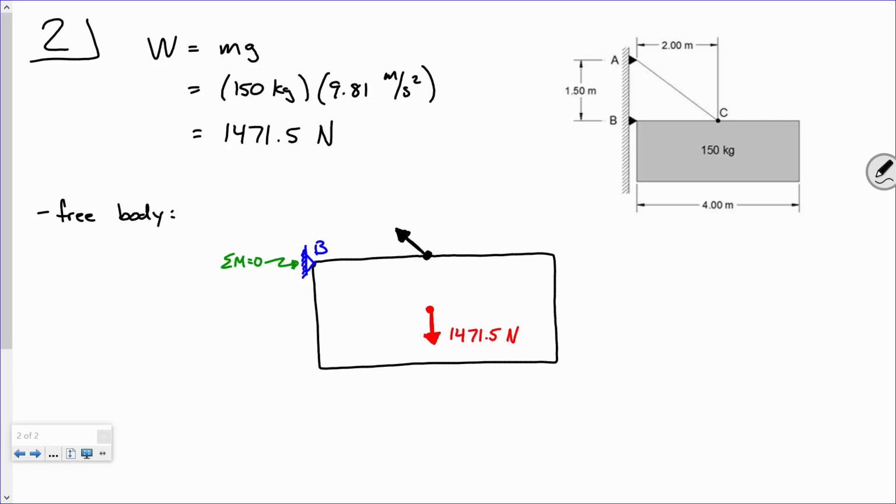Now, what I love to do is split things up into x and y. So this is Tx and Ty, okay? Now those components are related, right?